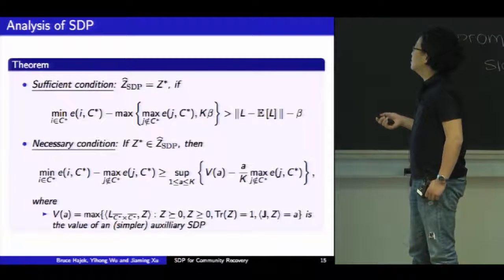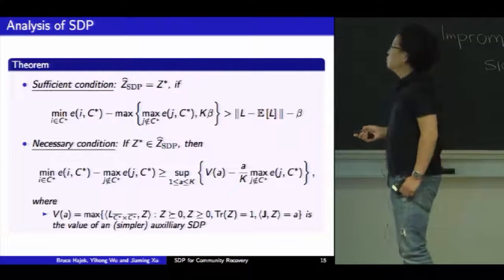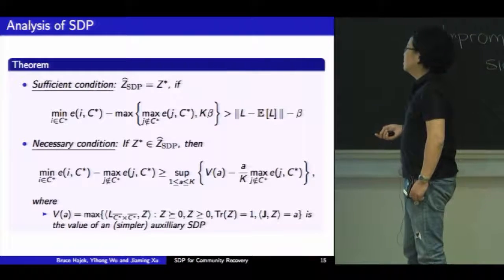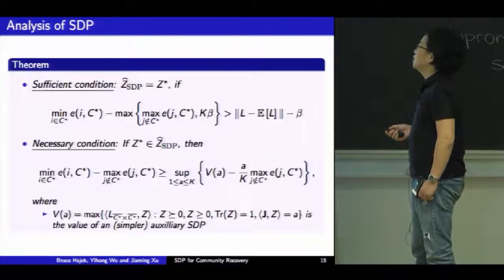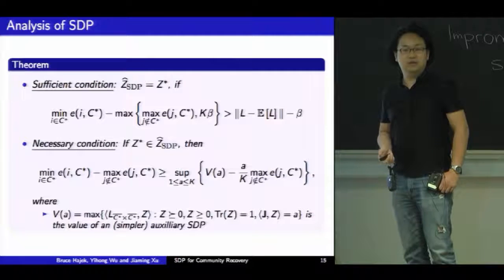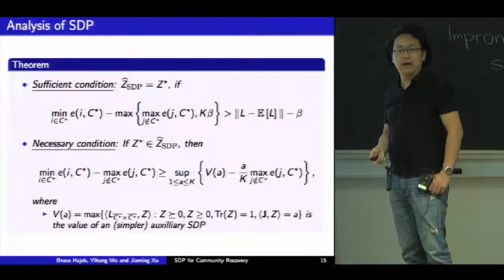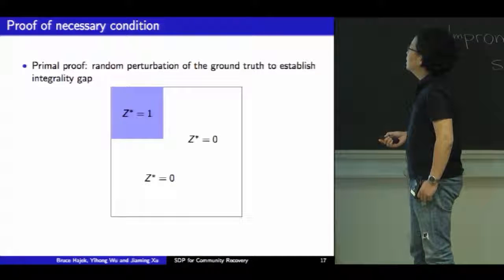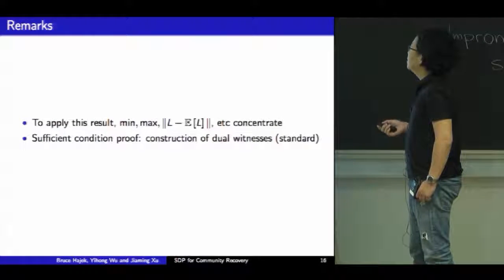Let me present the results. So essentially, you need both a positive result and also an impossibility result, right? This was derived for a deterministic instance, and when you apply it, you just notice that all the min and the max and these operator norms will concentrate on certain values, and that's how you apply it to probabilistic models. In particular, I just want to present the main thing in the proof.